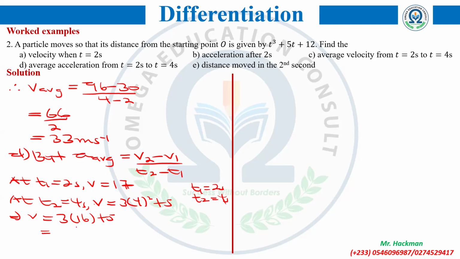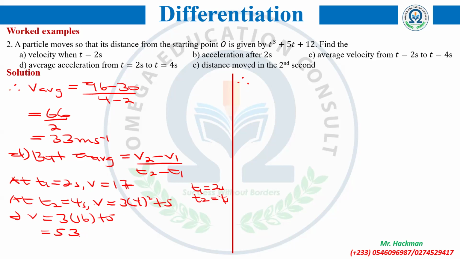This will give you what? 48 plus 5, so it will be 53. Okay, so the 53 that we have there.